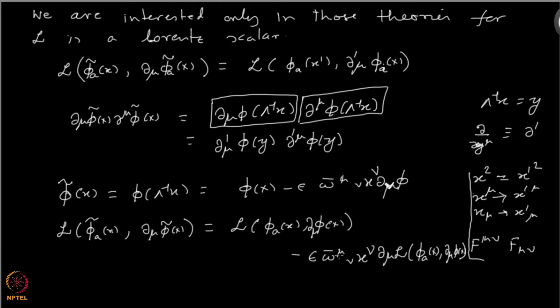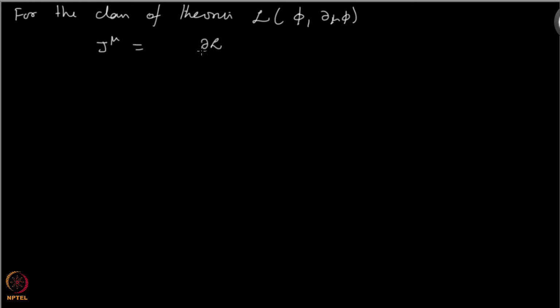Let me write it down for ease. So for the class of theories where the Lagrangian density is a function of the field and its first derivative, we have written down an explicit form for the conserved current, which was this. I can make the summation explicit here, minus K mu.